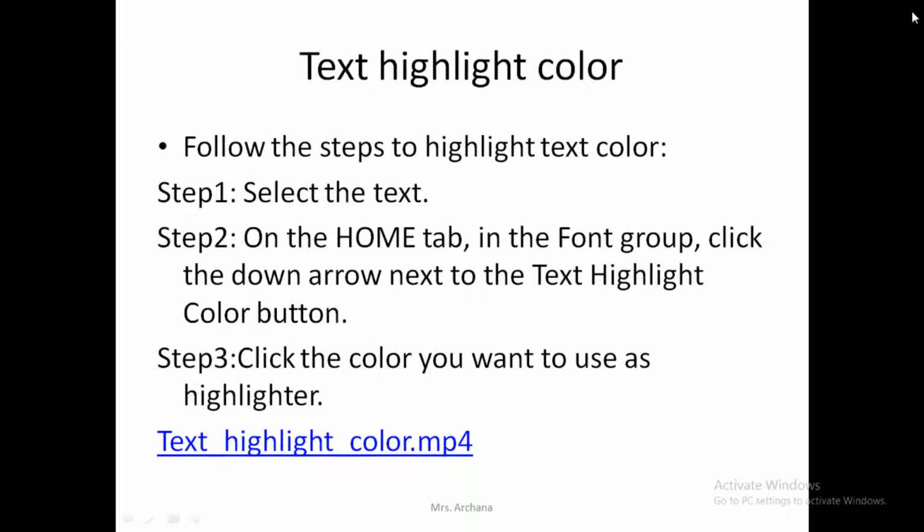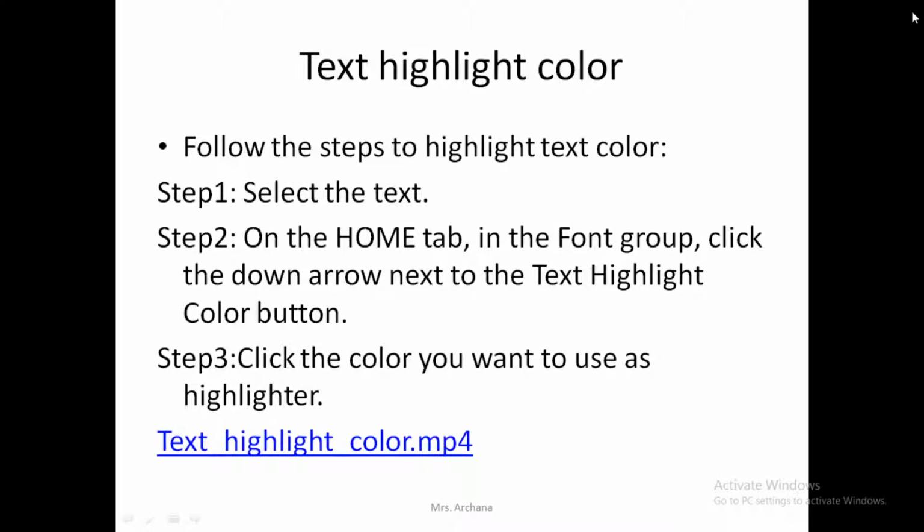Next is text highlight color. Text highlight means, suppose you have written one paragraph and in that paragraph some words you want to highlight, so that whenever any person sees that paragraph, those highlighted words the person can see easily.